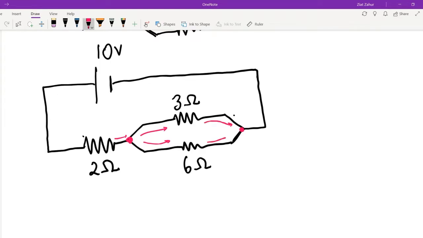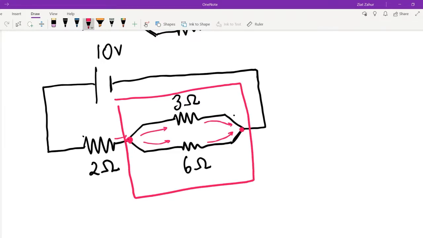When these two streams split and recombine again, that is the definition we have for parallel. It is based on the splitting of this current. So the fact that they split and then recombine means that these two resistors are parallel.